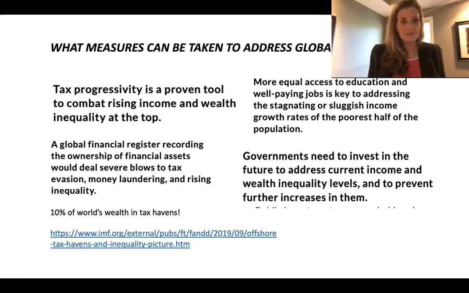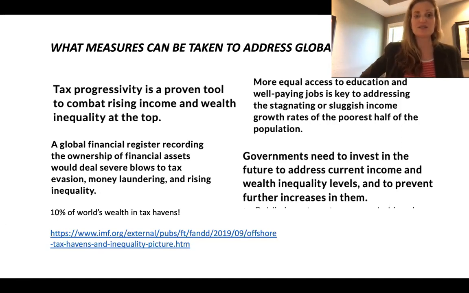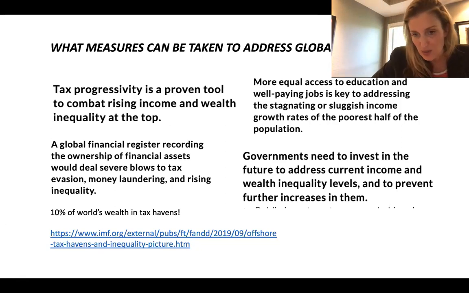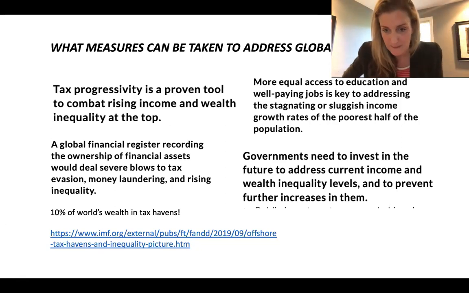Number two, a global financial register recording the ownership of financial assets would deal severe blows to tax evasion, money laundering, and rising inequality. This is going to blow your mind.